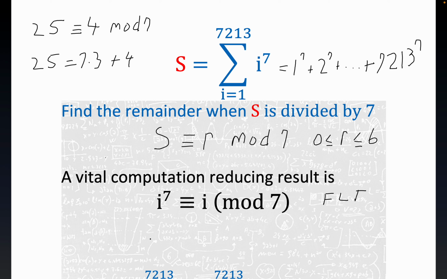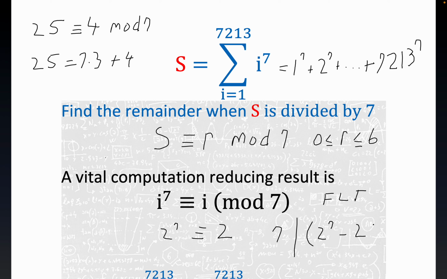Now, again, a quick example. 2 to the 7th would be congruent to 2 mod 7, right? Because 7 divides, this is the divides notation you guys may have seen, 2 to the 7th minus 2. And I know that just because I trust Fermat's theorem.